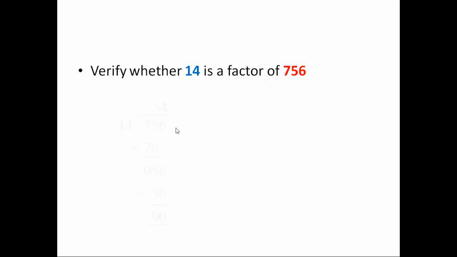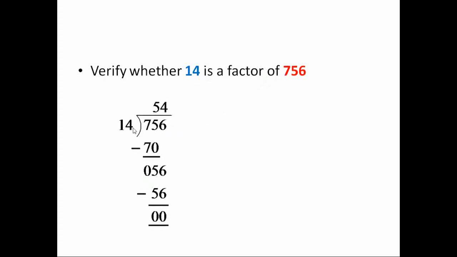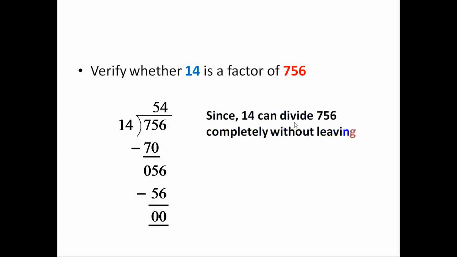So let's try to divide. Here we see that 14 divides 756 54 times without leaving a remainder. So it has completely divided the number 756. So since 14 can divide 756 completely without leaving a remainder, 14 is a factor of 756.